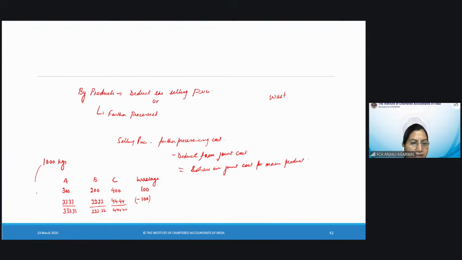So the entire 1,000 kgs cost will be borne amongst A, B, C in this ratio, right? So wastage can be allocated among the good units first, if it is a normal wastage. Yeah. Thank you so much, all.